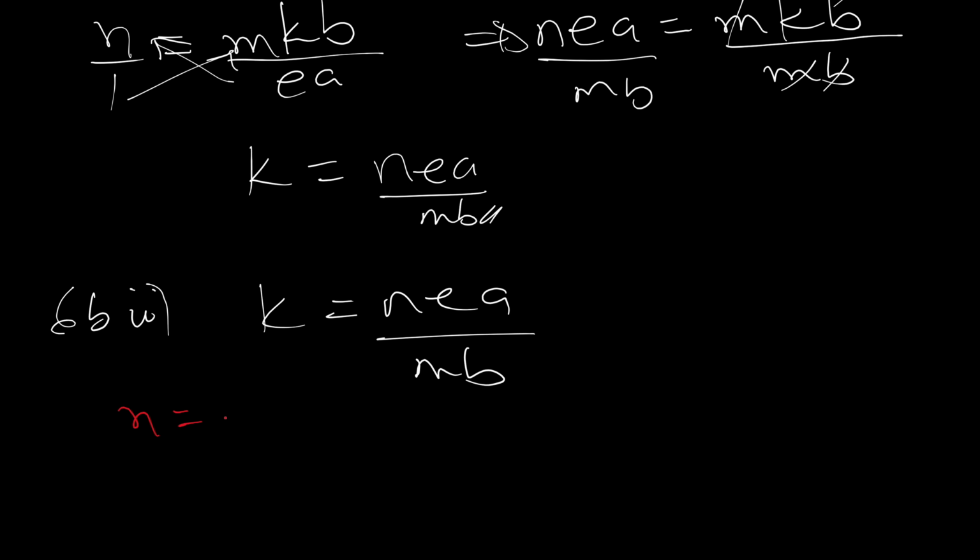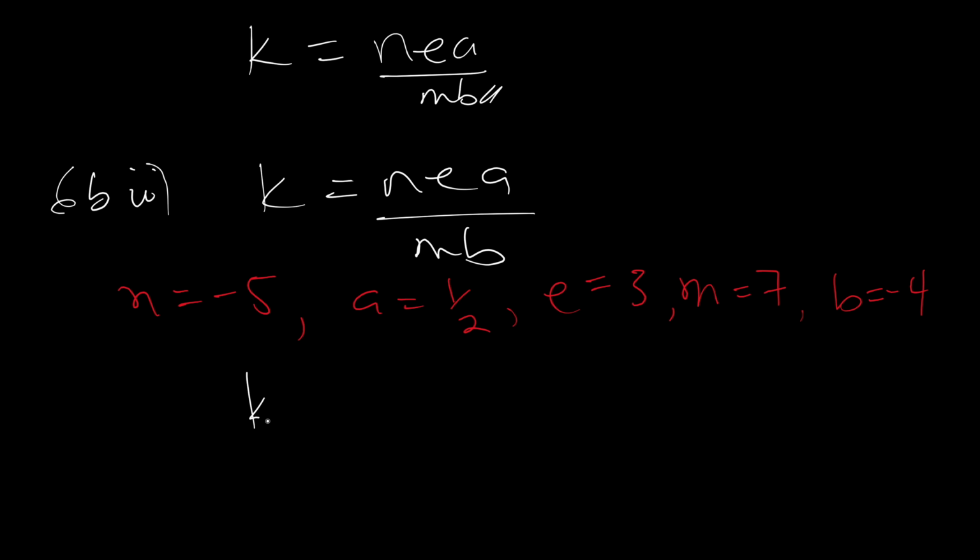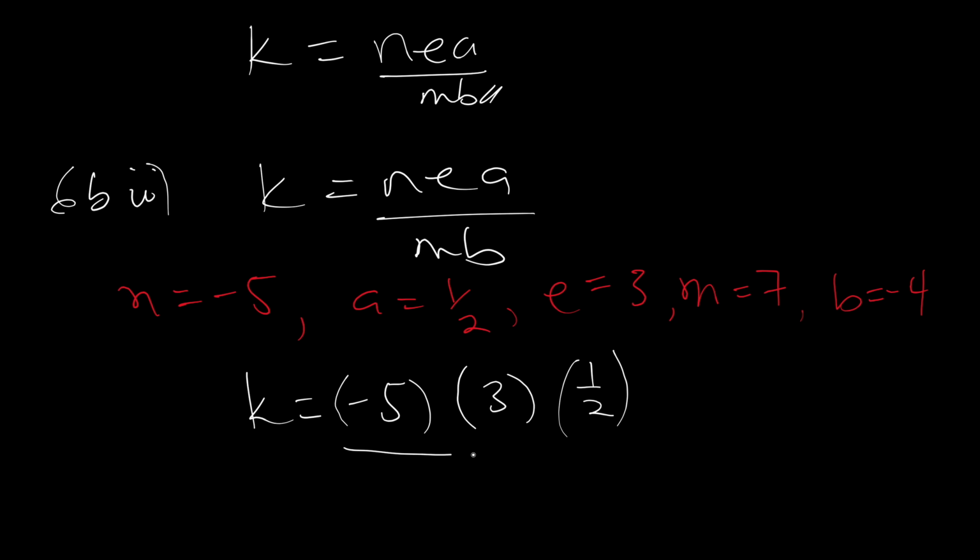Our N is equal to negative 5, our A is equal to 1 over 2, our E is equal to 3, our M is equal to 7, and our B is equal to negative 4. So our K will be equal to negative 5 times 3 times 1 over 2 all over 7 times negative 4.